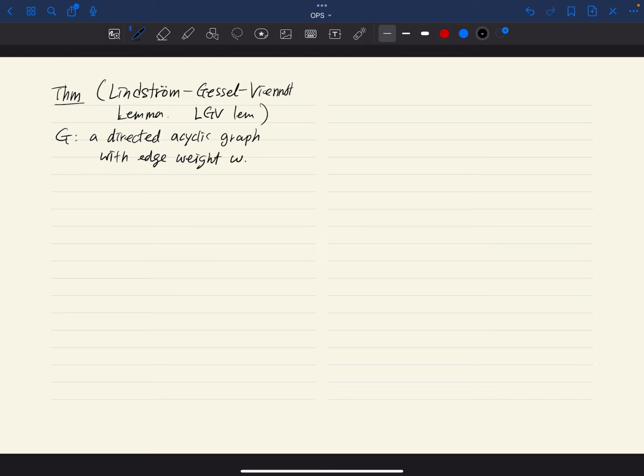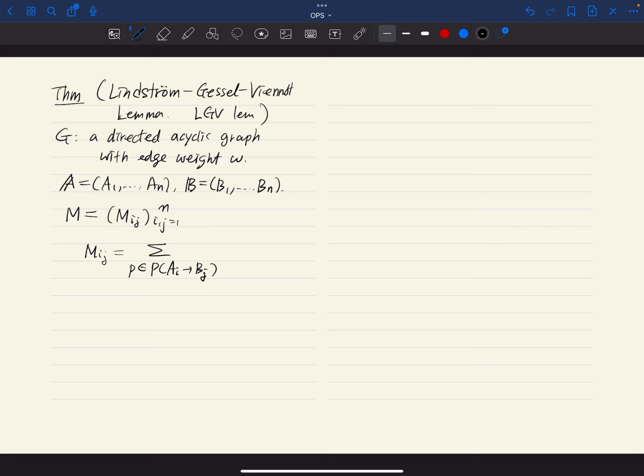We fix two sequences of vertices, A equals A1 up to An and B equals B1 up to Bn. Then M is defined to be the n by n matrix where Mij is the generating function for all paths from Ai to Bj, with the weight being the weight of the path.